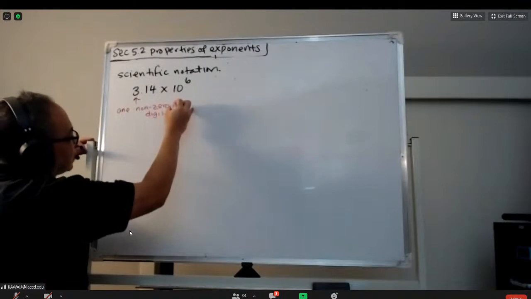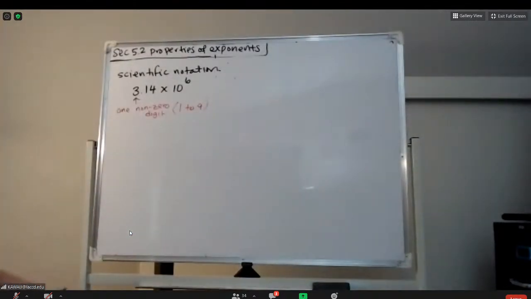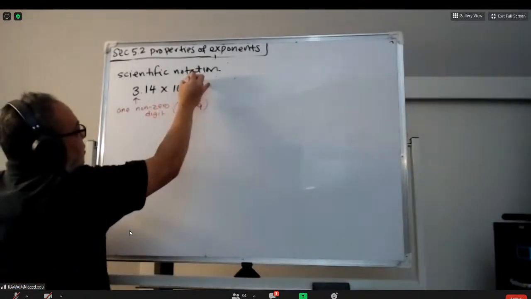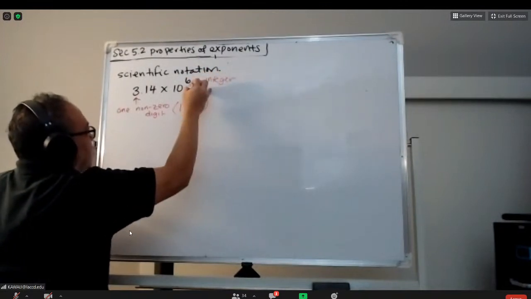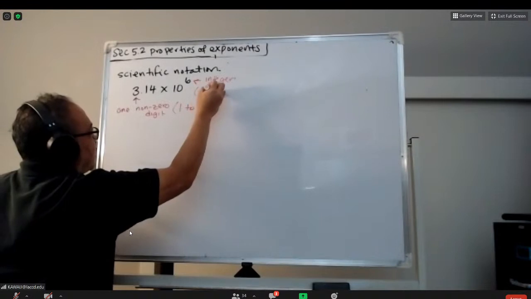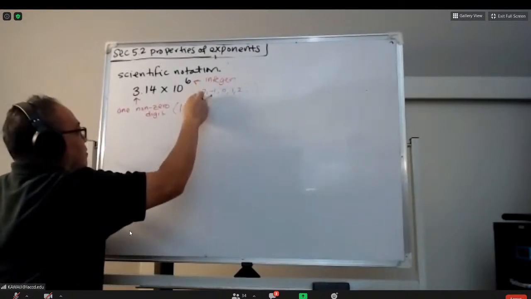Meaning that that number has to be 1 through 9. You can't have 13, you can't have 21, you can't have 0. Okay. And the exponent is an integer, meaning that it's -2, -1, 0, 1, 2, and so on down the line.